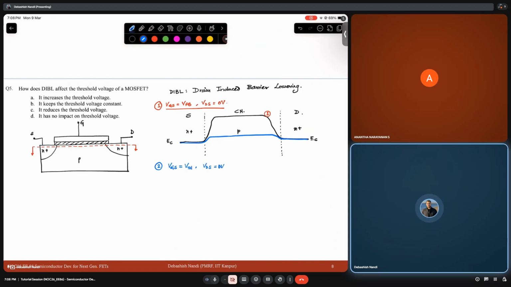So what happens? The carriers at this location in case 2 can easily cross the barrier, right? Because the barrier is lowered. Yes, sir. But will it cross?